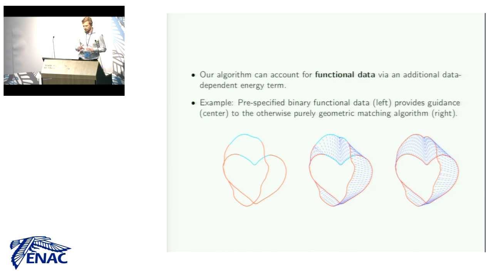On the left you can see these two shapes that should be matched with an additional binary information that will guide the matching. In the middle and right you can see that the differences are not very large, but with this additional functional data information you get a match that respects the coloring that was given a priori. And so one can guide the matching procedure in this way.